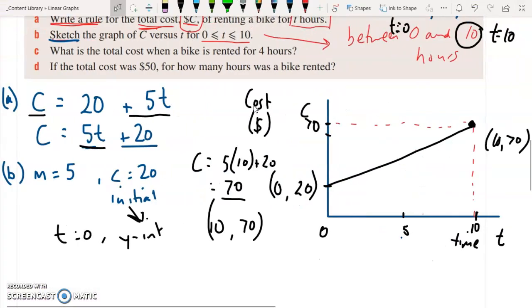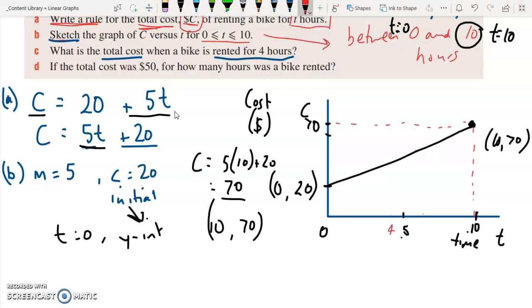Alright, so for part C, we want to look at what is the total cost when a bike is rented for 4 hours. Using our graph, we can get an approximate answer.